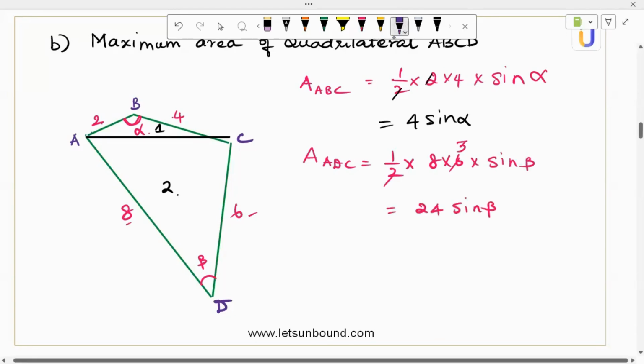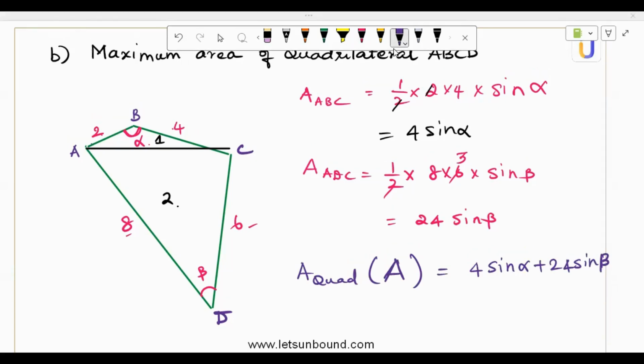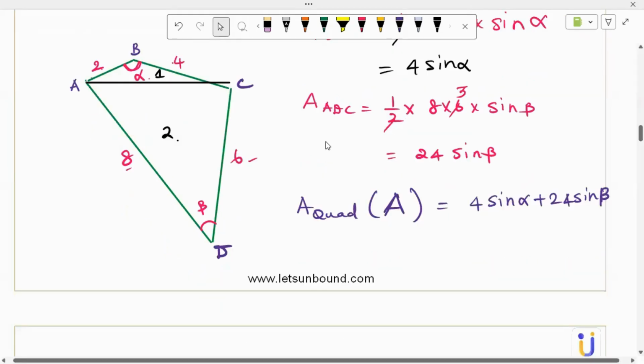So what is the area of the quadrilateral? Let me denote it with capital A, equal to 4 sine alpha plus 24 sine beta. This is the expression, but I want what could be the maximum area here, right? So to maximize it, because alpha and beta are two different angles, we either convert everything into alpha or beta.